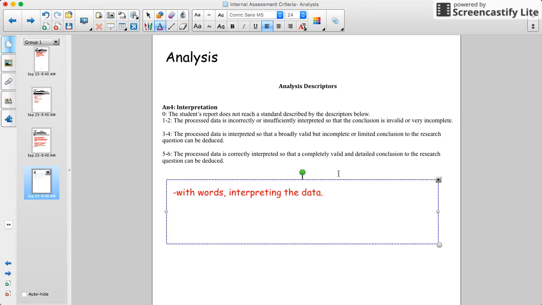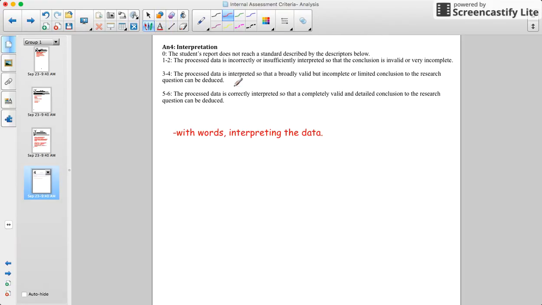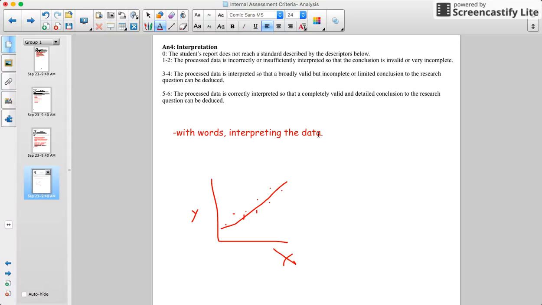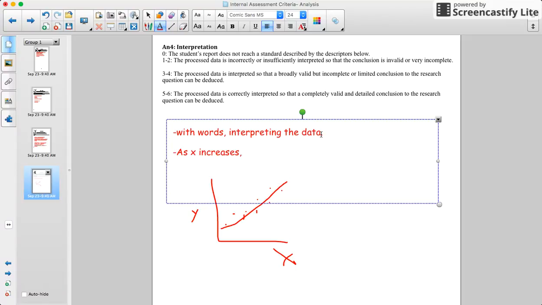But if you have a graph and it's showing you, here's X and here's Y, here's the data, and here's your trend line, well, from that, you could probably go ahead and say, as X increases, Y increases, and so on.